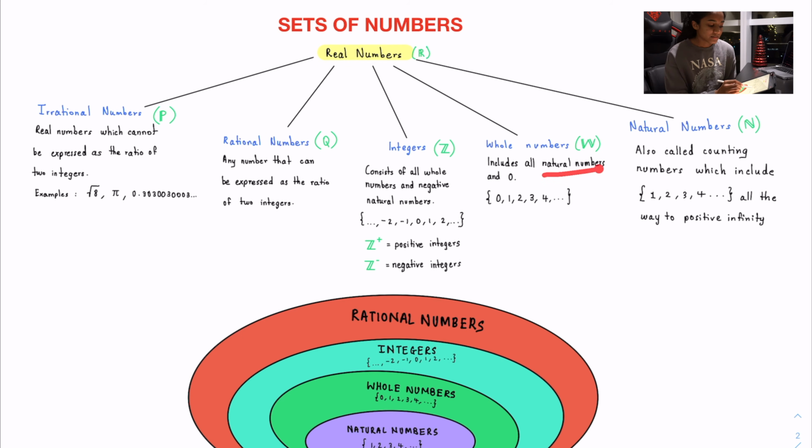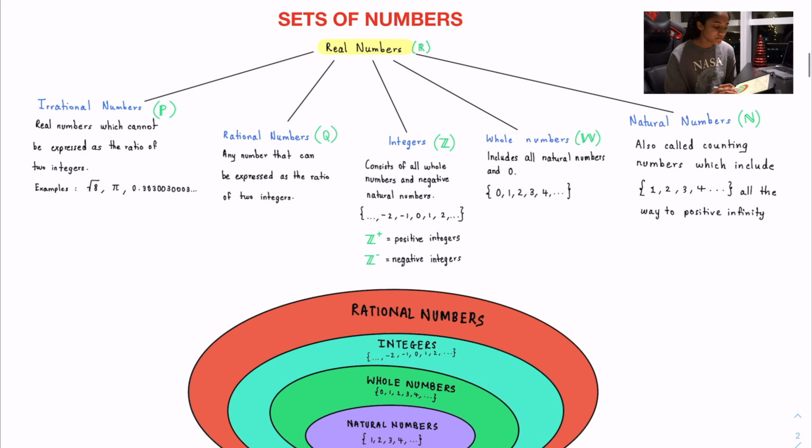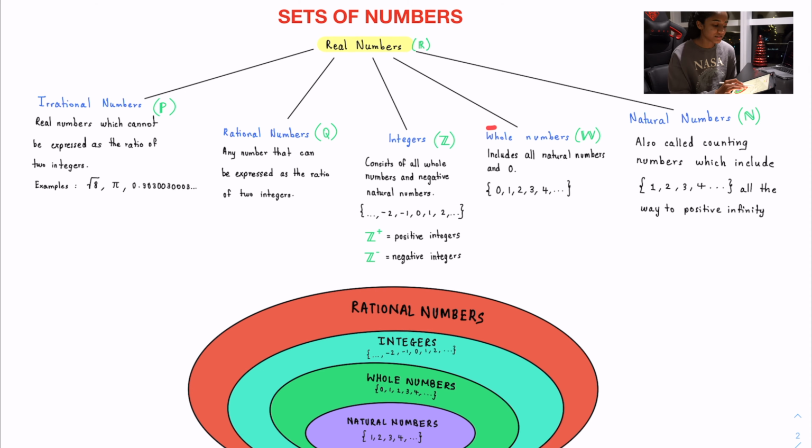The natural numbers are these, which are called counting numbers, which include all of these all the way to positive infinity. Basically, this goes all the way to hundreds, thousands, millions, whatever. The whole numbers include these natural numbers and a 0.